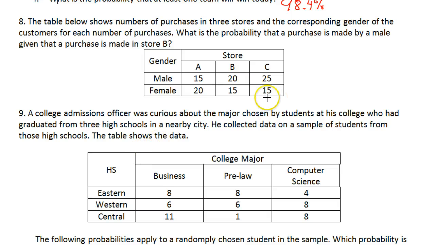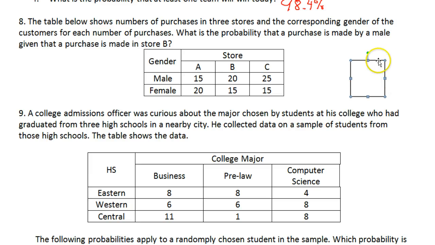Alright, you guys are experts at this, because by now you really understand that when they say given that, you just focus in on that and that becomes the whole universe for the rest of the problem. So given that a purchase is made in store B, that means store B is now the universe.